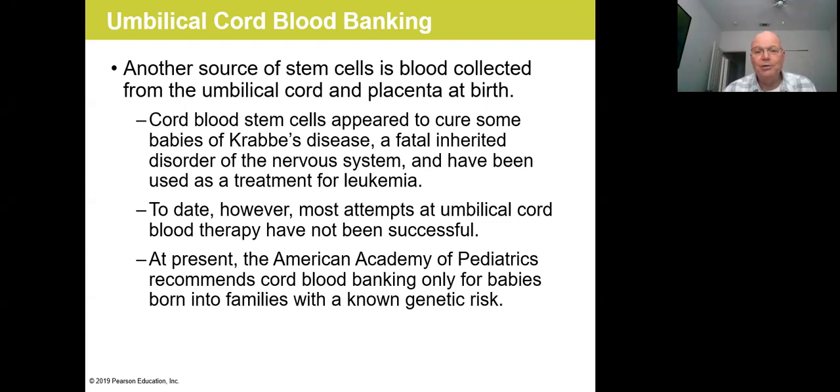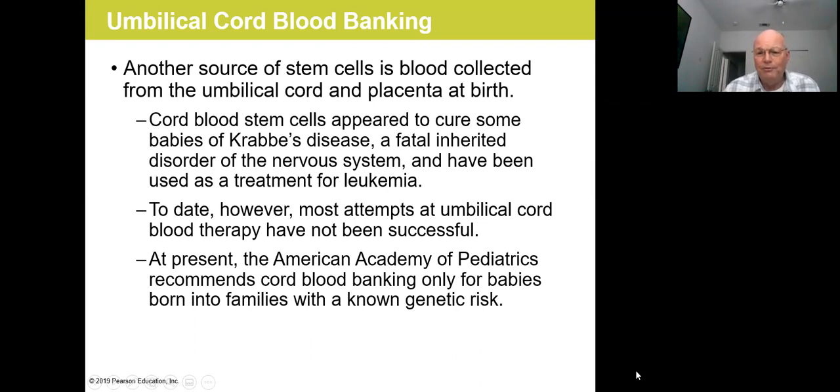But as you can see from the note here, pediatricians are recommending that blood be banked for families where there is a genetic risk, because in the future we may be actually able to deliver on the promise of stem cells. And it would be a shame if you didn't have the stem cells available to be able to utilize.